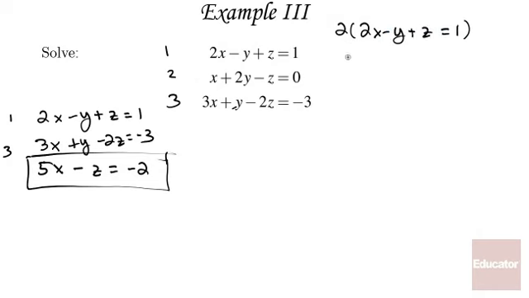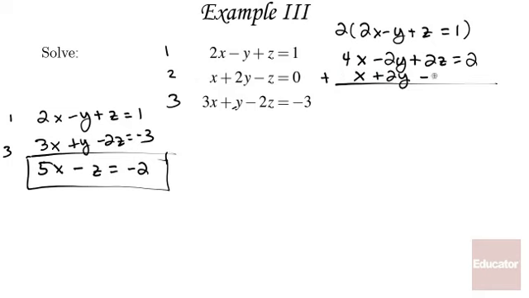This is going to give me 4x minus 2y plus 2z equals 2. So that is this first equation. Now I'm going to add it to the second equation, plus x plus 2y minus z equals 0.